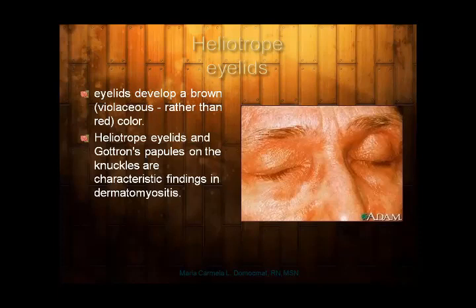The typical heliotrope rash with the purple violaceous rash over the eyelids, and the Gottron papules on the knuckles, are defining in dermatomyositis. So dermatomyositis is a myositis with skin manifestation like heliotropic rash, Gottron papules, and other violaceous rash over the body.